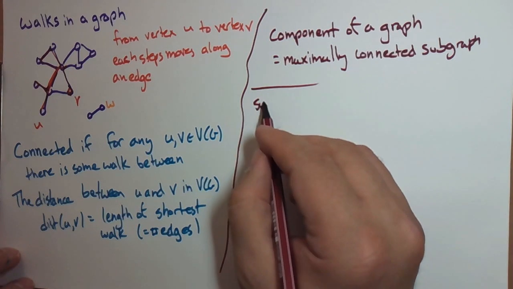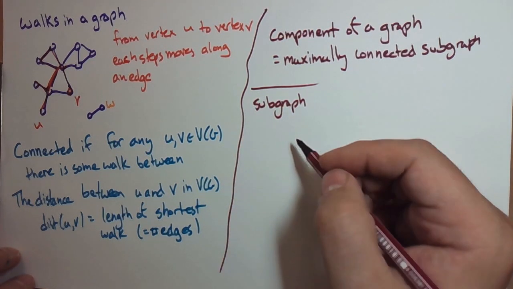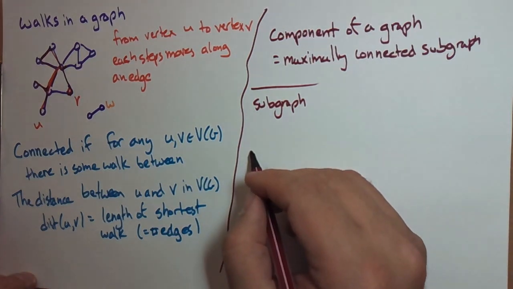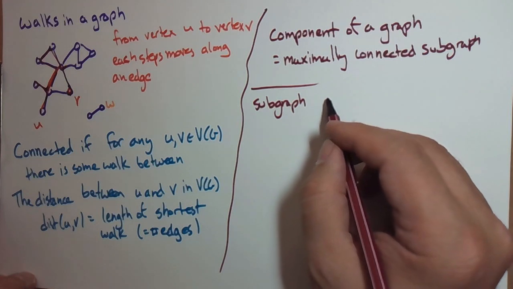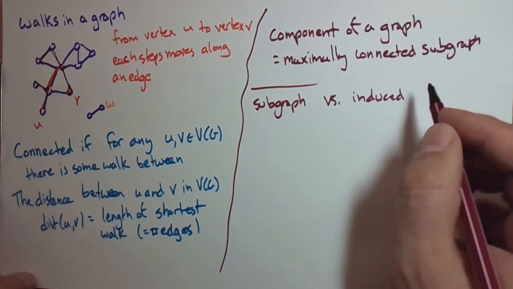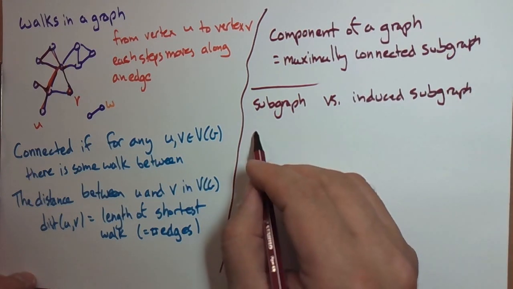A subset of V and a subset of E. It doesn't have to be an induced subgraph. Oh, okay, now you've had another question: subgraph versus an induced subgraph. A subset of V and a subset of the edges that only consist of elements of V.